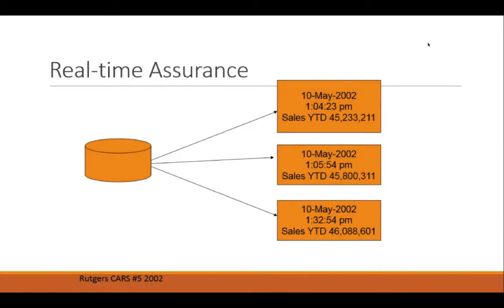After the XBRL document has been assured, the organizations can use these tags, this XBRL information, to generate more frequent reports or even real-time reports, because they don't need to input any other information in the organization.